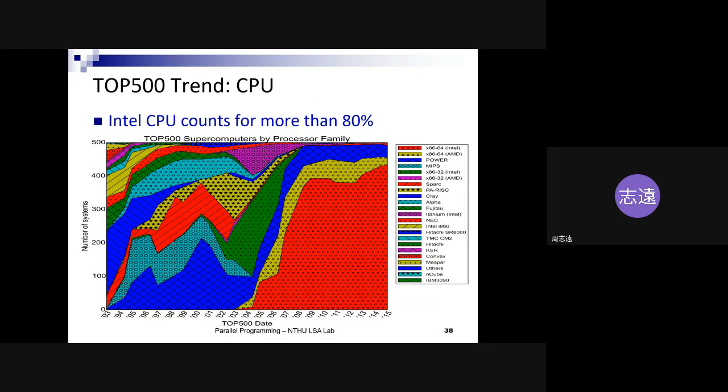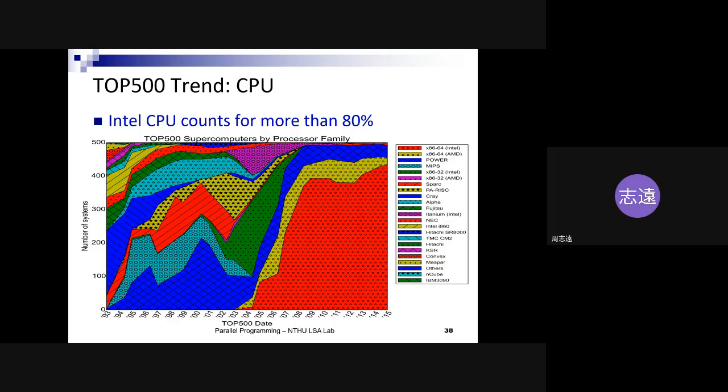We will give an overview of the trend from the top 500 list. You can see all those things on the website, or you simply Google for top 500 and see their website, where they post all kinds of interesting numbers from those supercomputers.